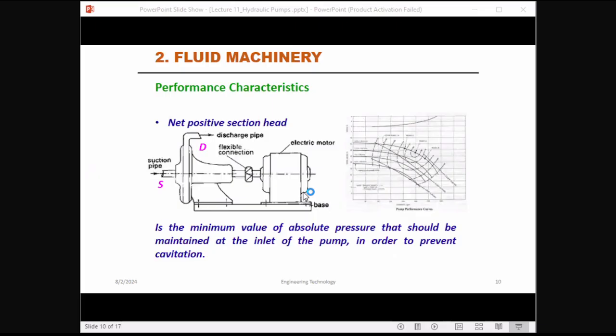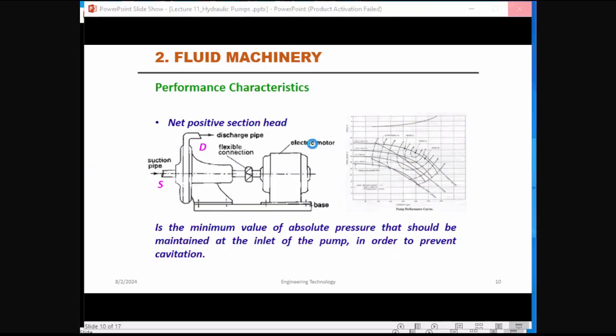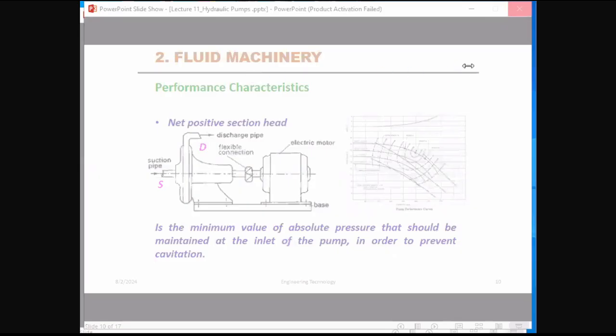And the next thing is net positive suction head. This part I will discuss next day.